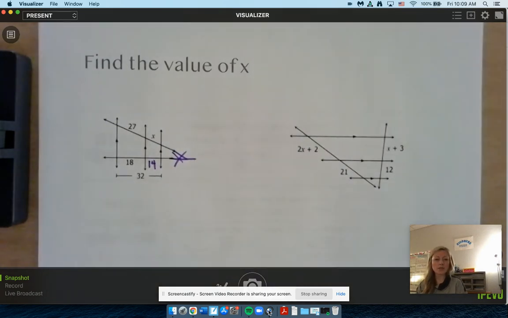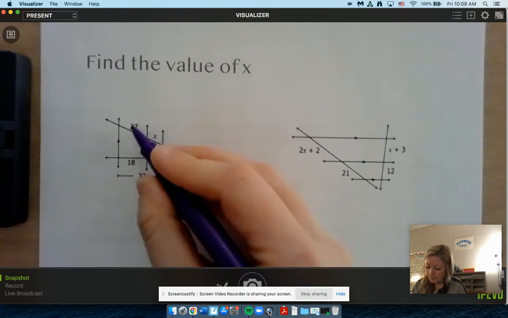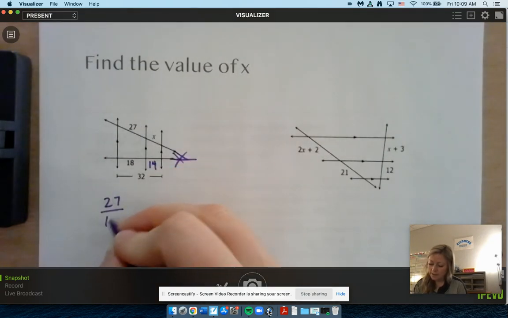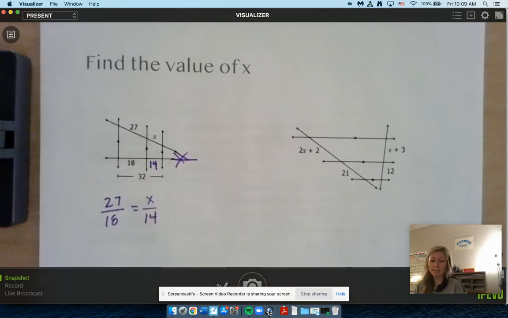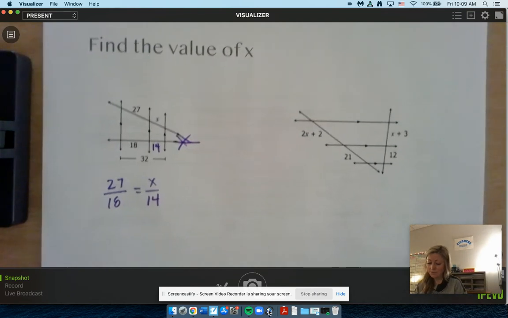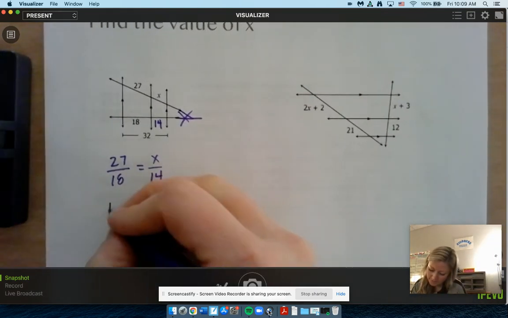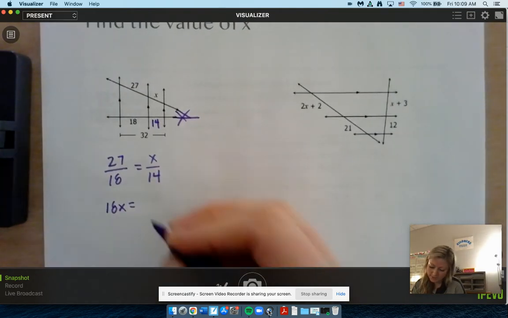And now we can play our matching game. So I'm going to have 27. What does 27 match down below? It matches 18. X matches 14. And now again, it's the same problem we were just doing, right? We can cross multiply. So we'll have 18x. 27 times 14 gives us 378.